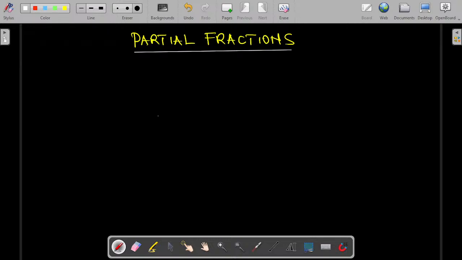In our last class, we started discussing partial fractions. A partial fraction is just the set of fractions that you can get by breaking down a given fraction into smaller ones.